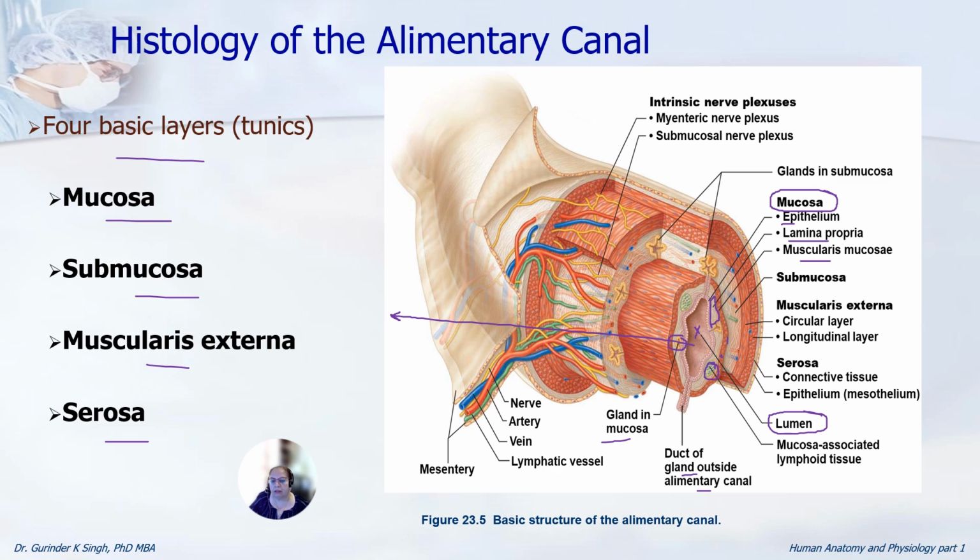Then we have the submucosa, which is this thick part surrounding that portion. What do you see in this submucosa? You see a number of glands present.